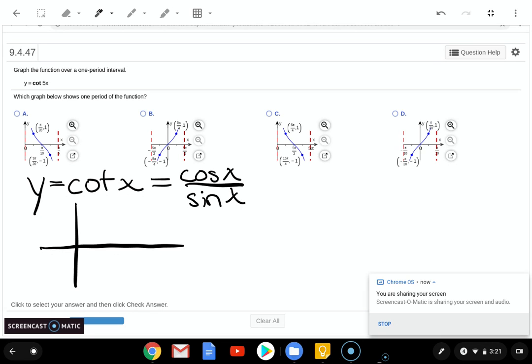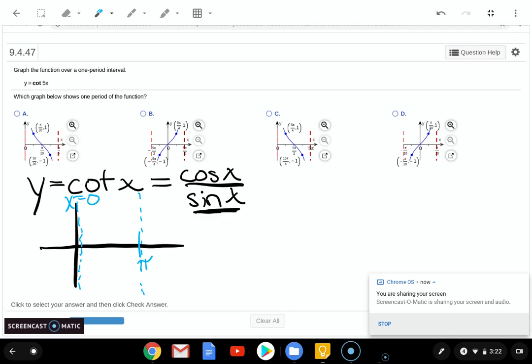So in this case, when sine of x is equal to 0. So sine is 0 when x equals 0. So there's going to be a vertical asymptote here at x equals 0. And then again when x equals pi. So there'll be another vertical asymptote here.